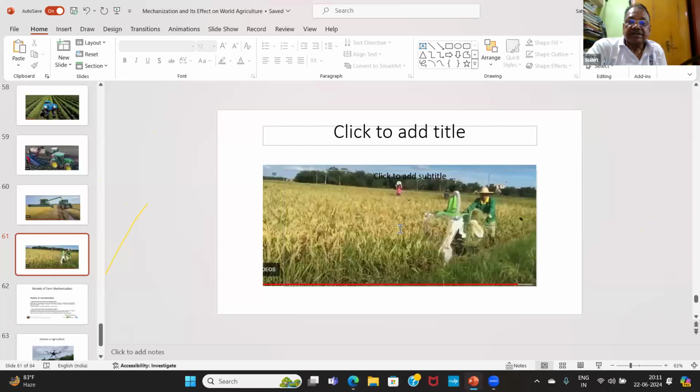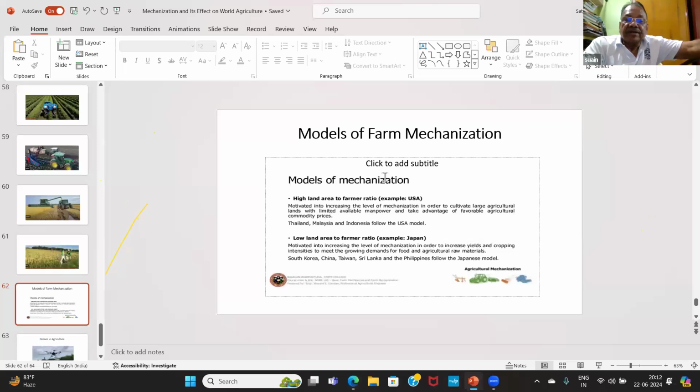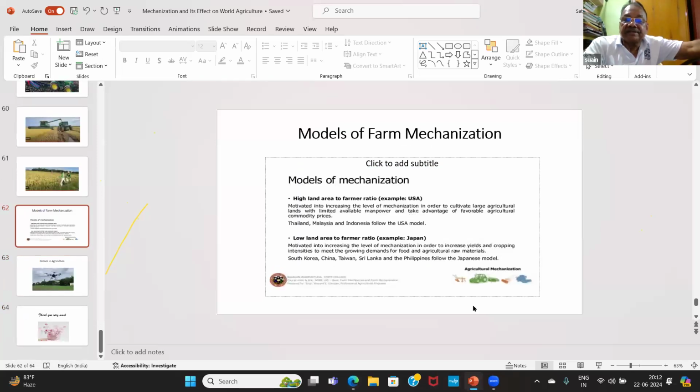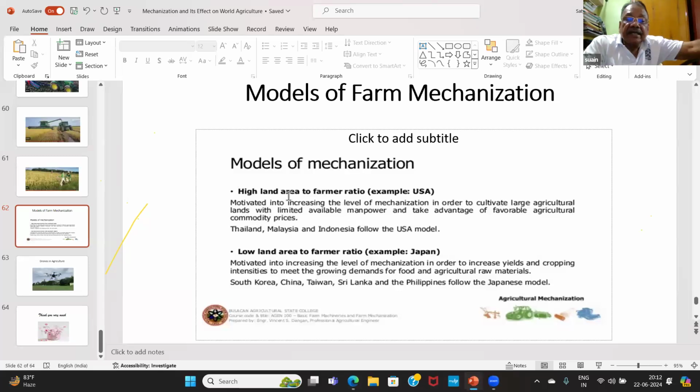But low horsepower, 20 horsepower tractor was not a success. We did not succeed in our state. There are two different models. Let me see this. With this, I'll end. High land area to farmers ratio, example is USA.